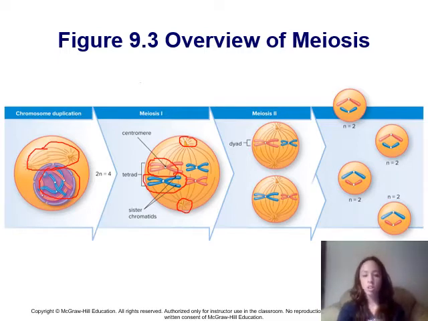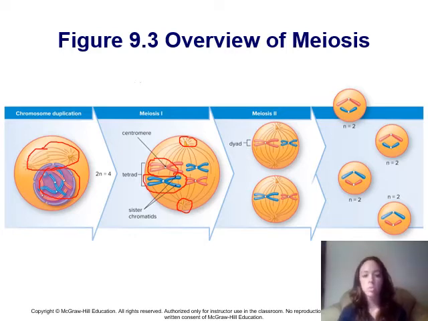And then each daughter cell will undergo meiosis 2. Again, remember that there is going to be no interphase between meiosis 1 and meiosis 2. So both daughter cells are now going to undergo meiosis 2. So again, kind of same thing.